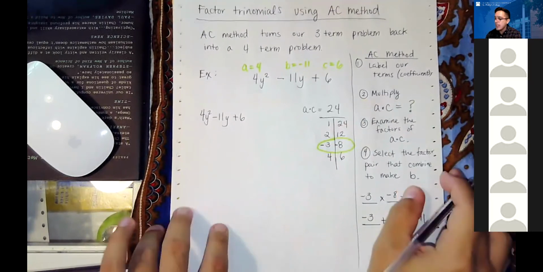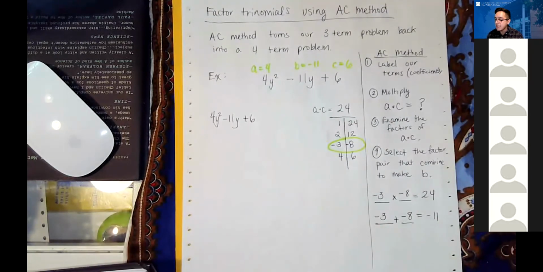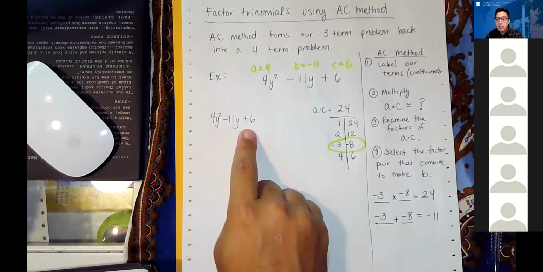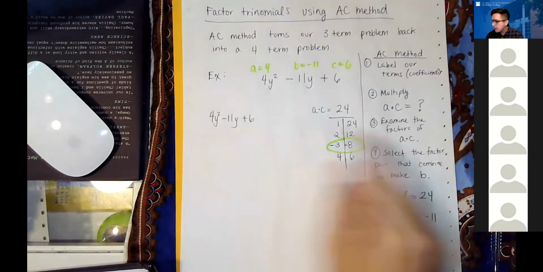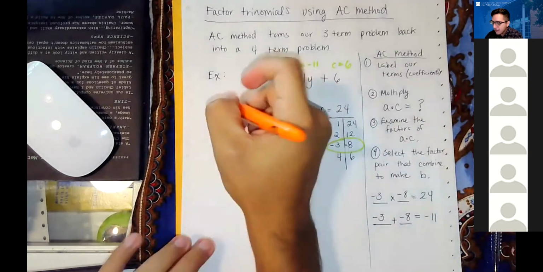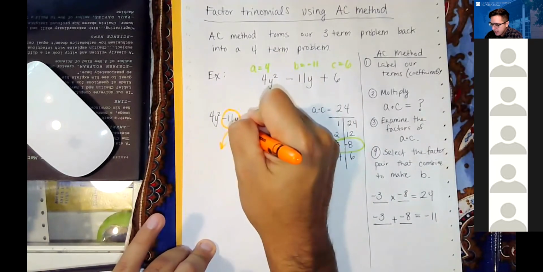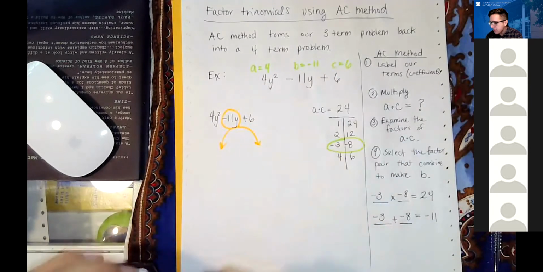Okay. So then once we've done that process, we're going to go back to the original trinomial, the original set of 3 terms. We're going to take the middle term and do what Bernie Sanders wants to do and break up the big banks.